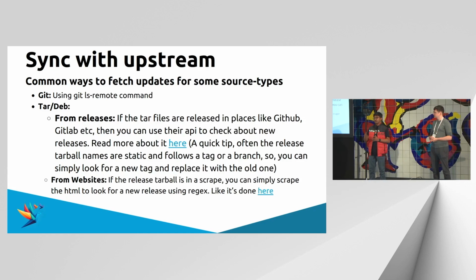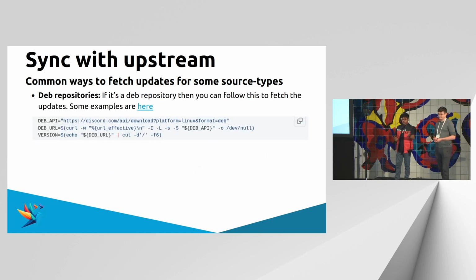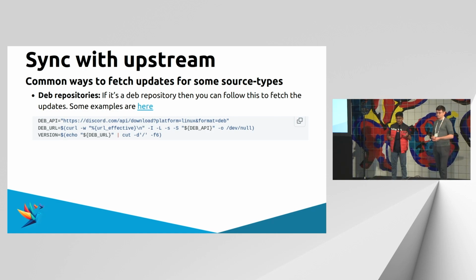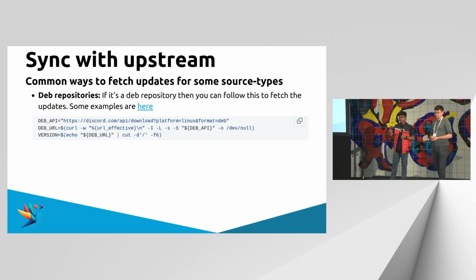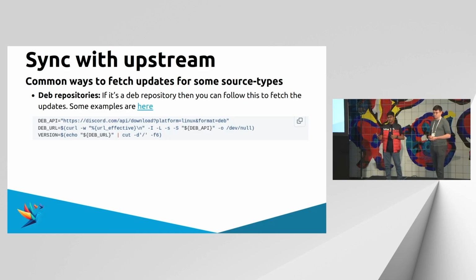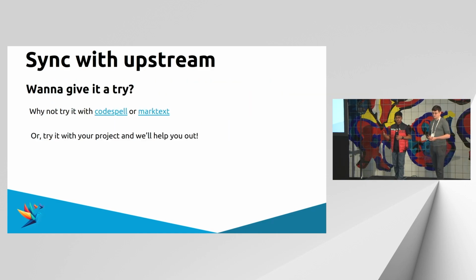You can also scrape the website, find the HTML file with the new release, and grab the file from there. You may use a deb package from some other app repository, and you can check that too. We use that in our Discord snap, where we check the API of Discord to see there is a new update in the app repo. We get the update, and we just update it from there, right?